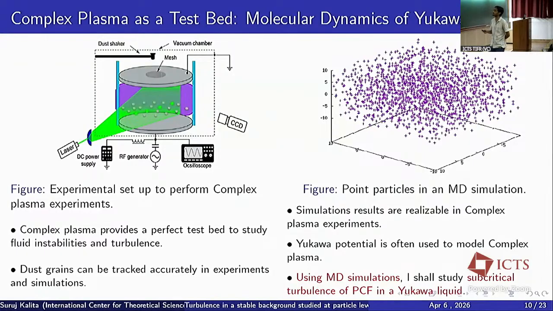Why I have chosen this fluid is that when you have some fluid, say 1 mole of fluid, it will have 10 to the power 23 particles, but here even fewer than around 1 million, like 0.7 to 1 million particles, will give good statistics, and most of the instabilities and turbulence related studies can be studied using this medium. So this is an electrostatic medium, non-magnetized, but most fluid studies can be performed.